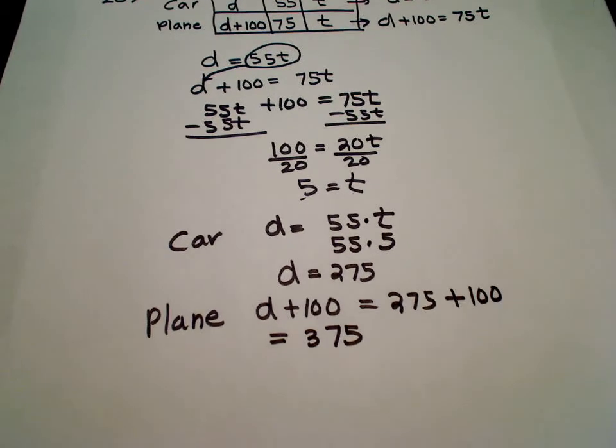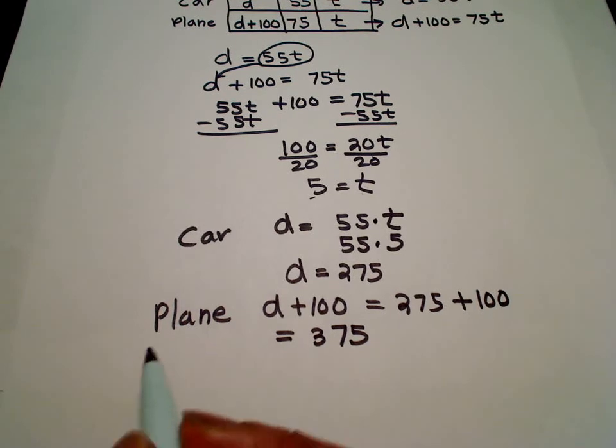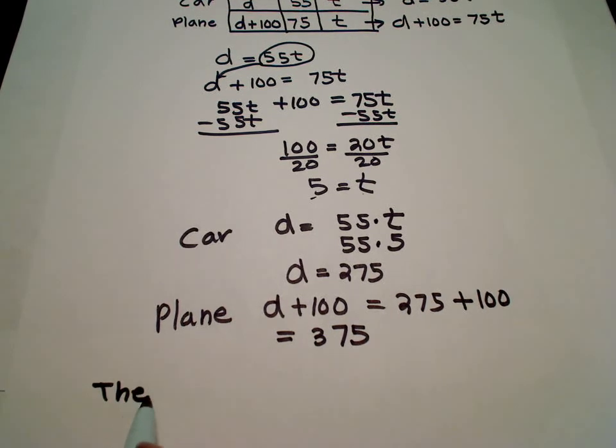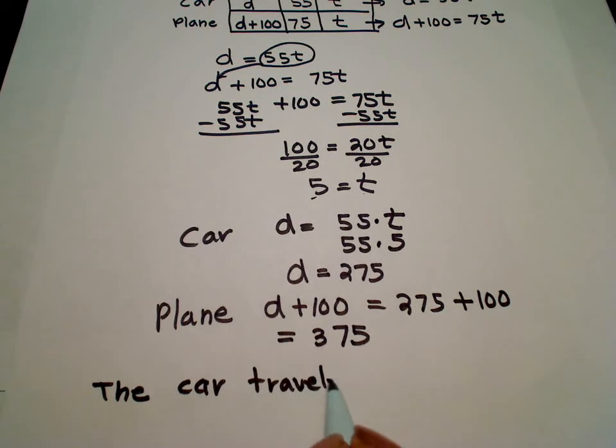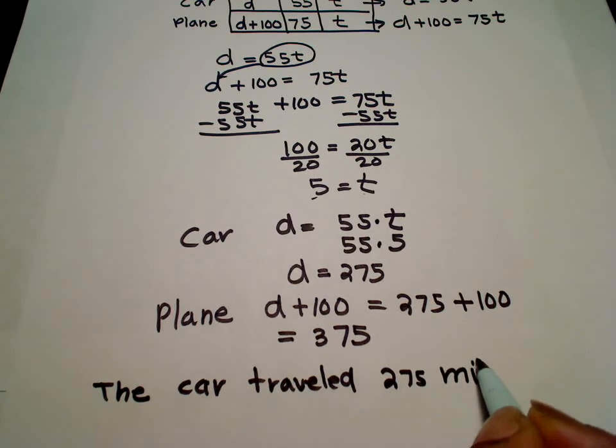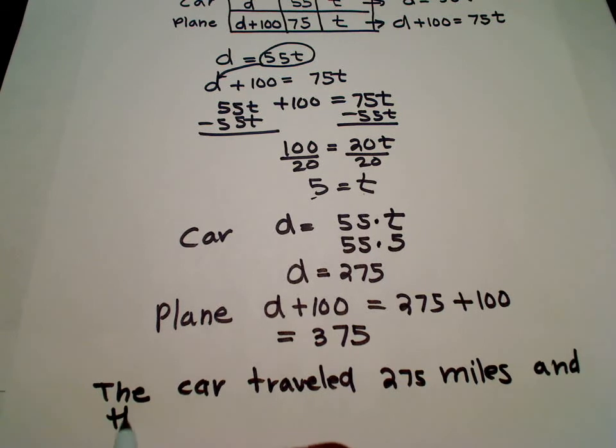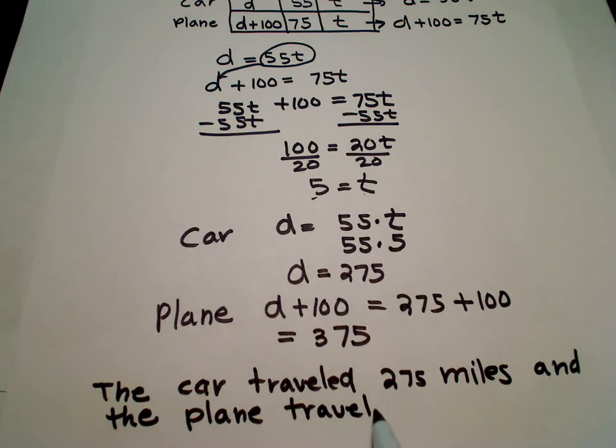Now, we'll put it in a sentence again, and we'll say the car traveled 275 miles, and the plane traveled 375 miles.